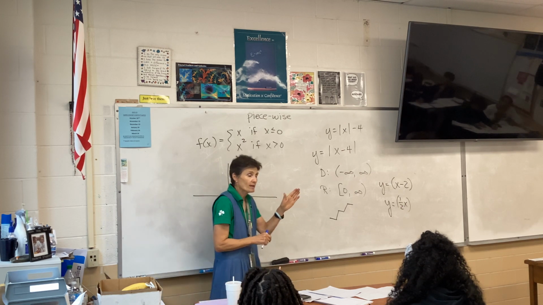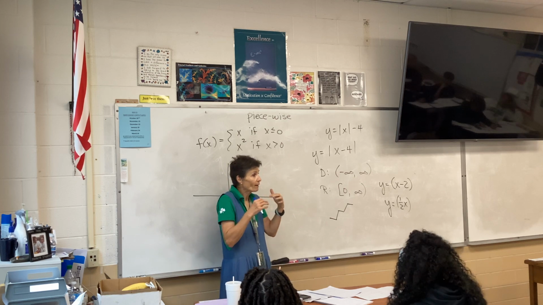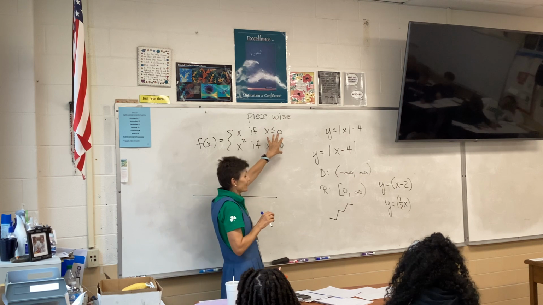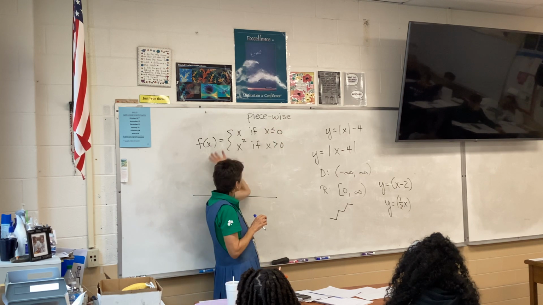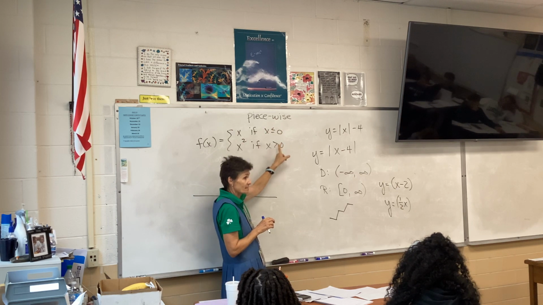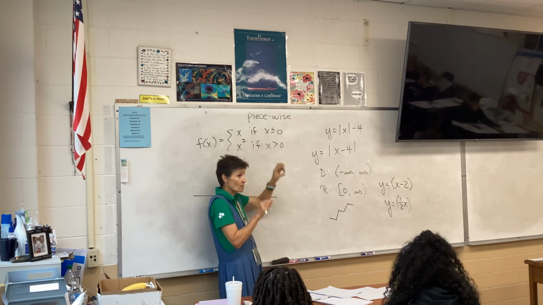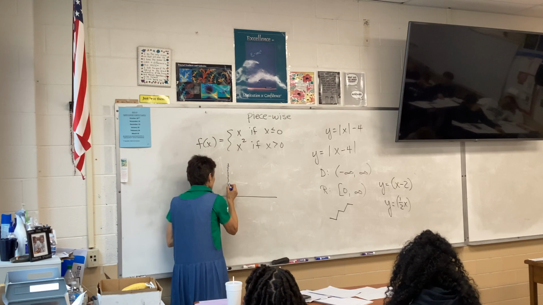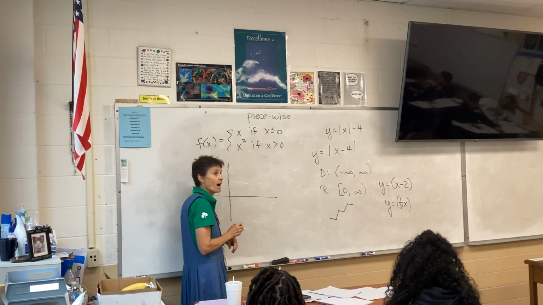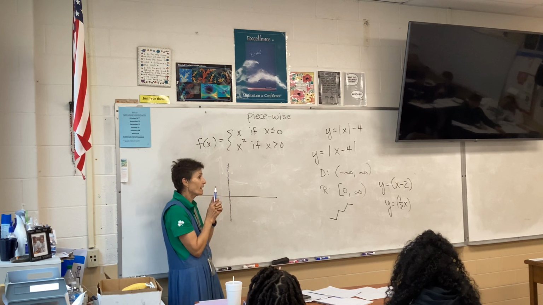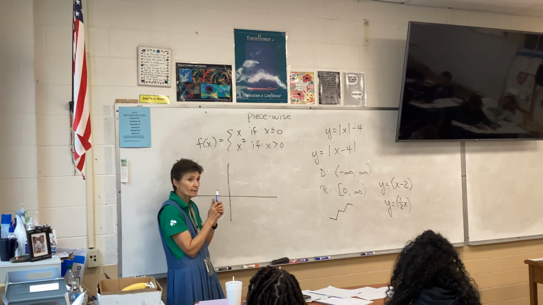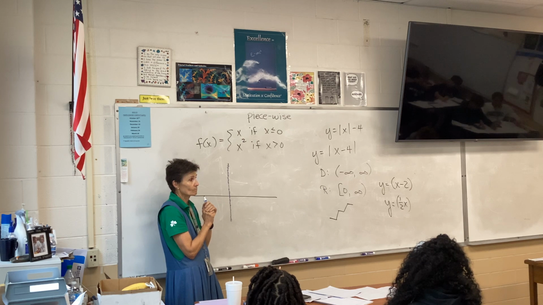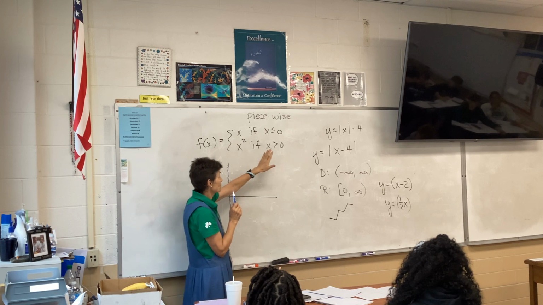I never care how you do it. Let me show you how I do it, it helps me keep track of everything. The break in this function comes at 0. This tells me where I split it into pieces. So I like to put a little squiggly line, which is not part of the graph, so I do it really lightly. And I put a little squiggly line wherever my graph is broken. In this case, it's broken at 0.